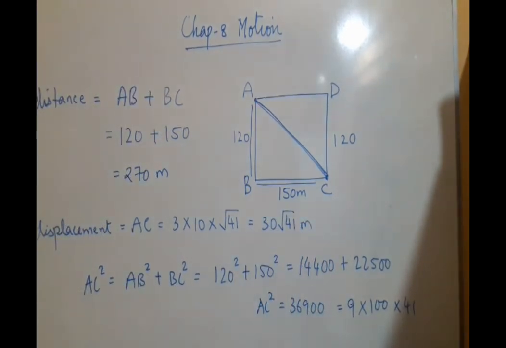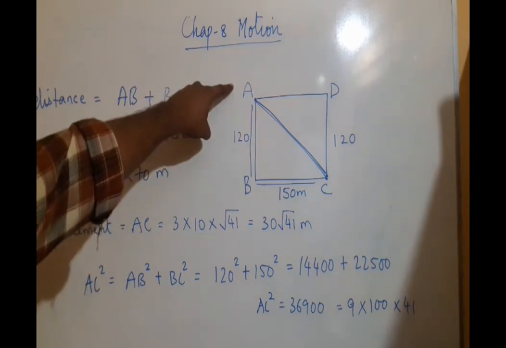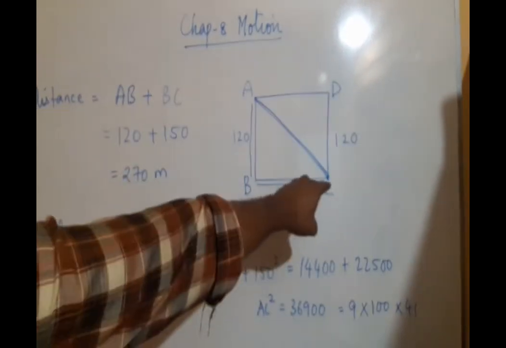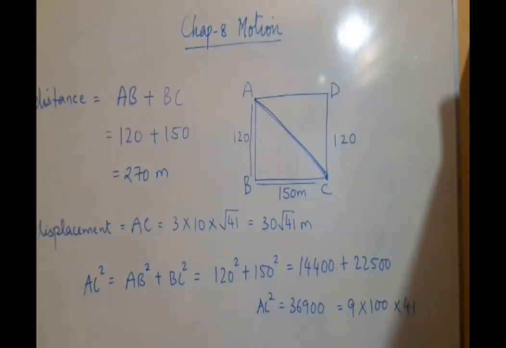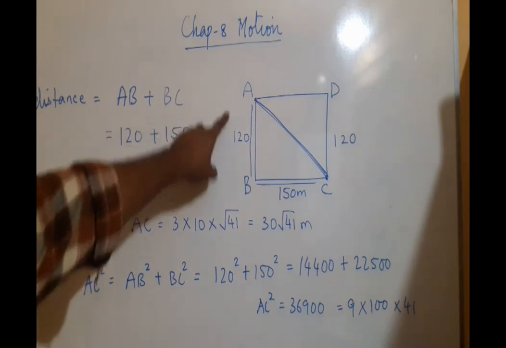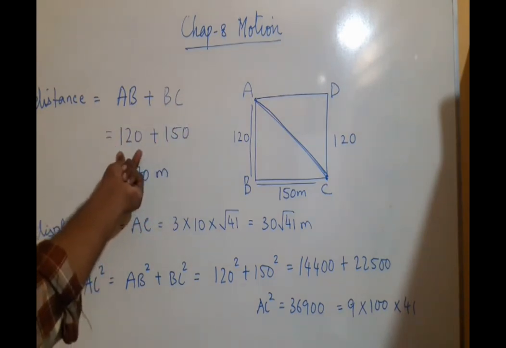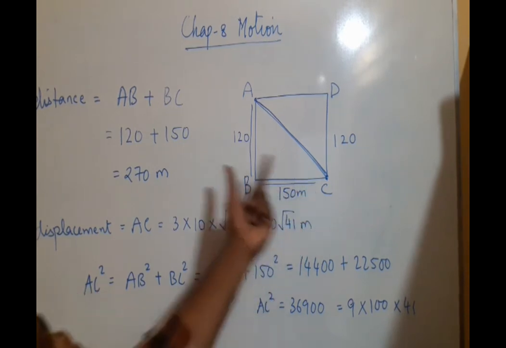So now you can see in the first numerical the difference between distance and displacement. The jogger started at A, ran to B, ran to C. So the total distance he has run is AB, 120 meter, then BC, 150 meter.